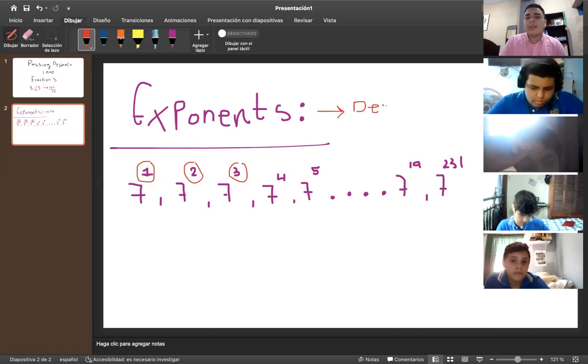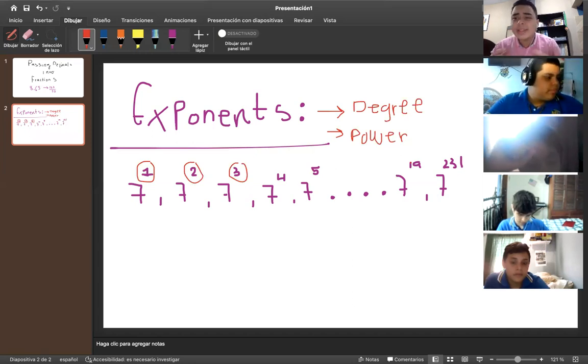We can call this a degree or an exponent, or we can call it a power, okay, kids? So that number is called exponent or degree or power. But what is the difference between the 3 terms?